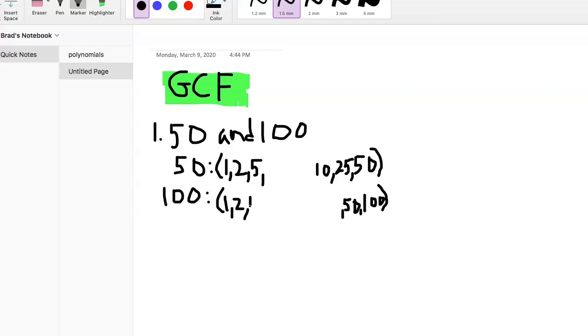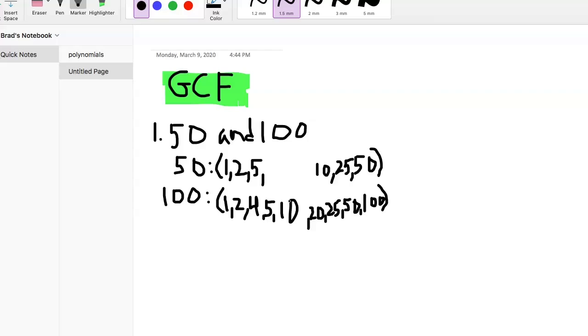But 4 times 25 works. 4 times 25 is a good one. 5 times 20 works. Hopefully I left myself enough room here. Okay, and then 6 does not work. 7, 8, 9 don't work, but 10 times 10 also works, right? 10 times 10 is 100. And that's all our possible factors.